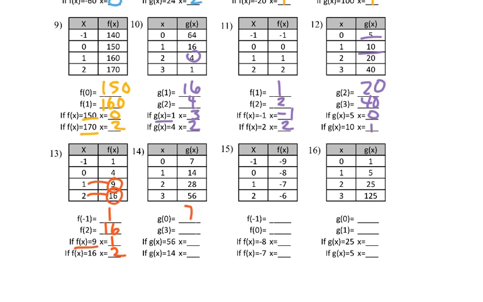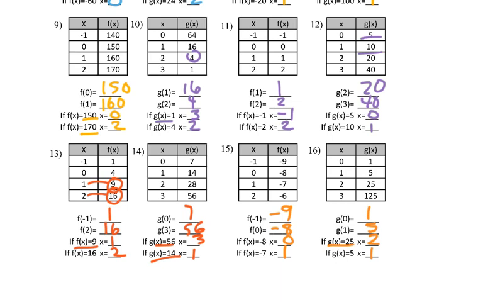G of 0 is 7, g of 3 is 56, 56 goes back to 3, and 14 goes back to 1. F of negative 1 is negative 9, f of 0 is negative 8, f of x equals negative 8 takes us to 0, and negative 7 back to 1. And the last table, g of 0 equals 1, g of 1 equals 5, g of x equals 25, back to 2, and 5 back to 1.